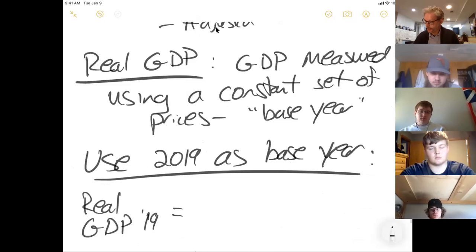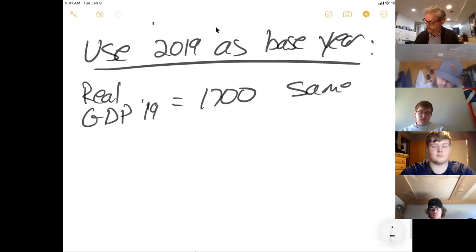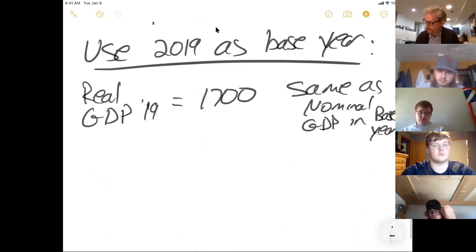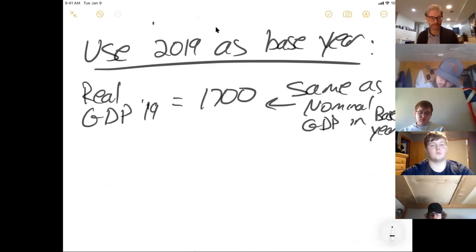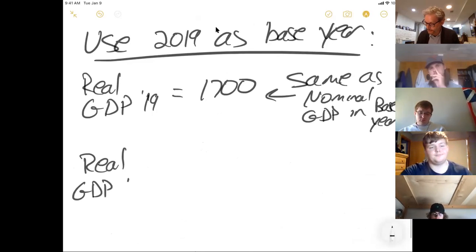In other words, this is going to be the same as nominal GDP. In the base year, real GDP and nominal GDP will be the same because you're using the same set of prices. Where it's going to be different is in years outside of the base year.